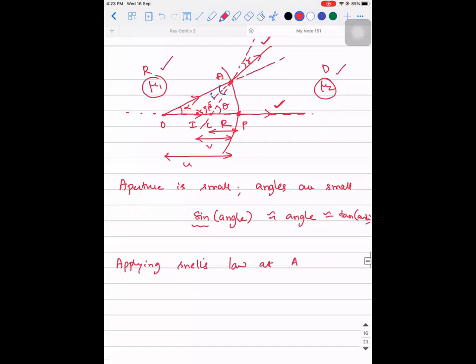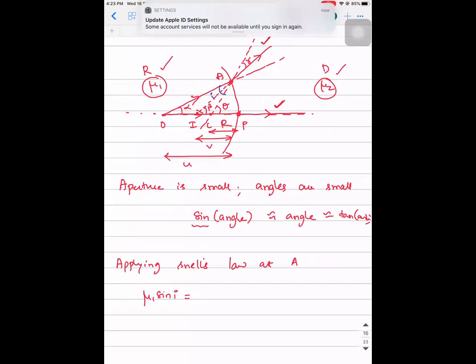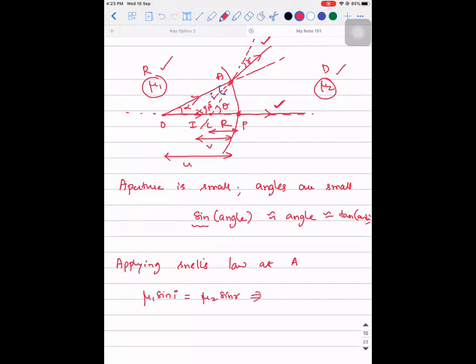So when you apply it at A, you can say mu1 into sine i will be equal to mu2 into sine r. From here, I can write mu1 into i is equal to mu2 into r, since angles are small. Accepted?